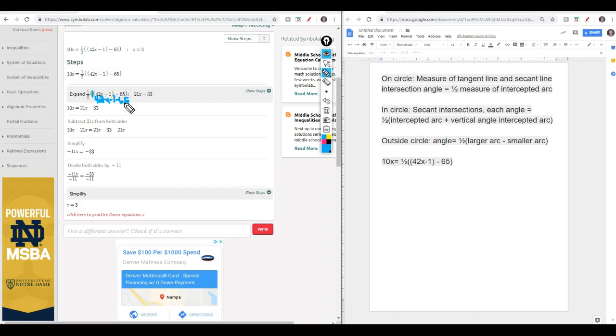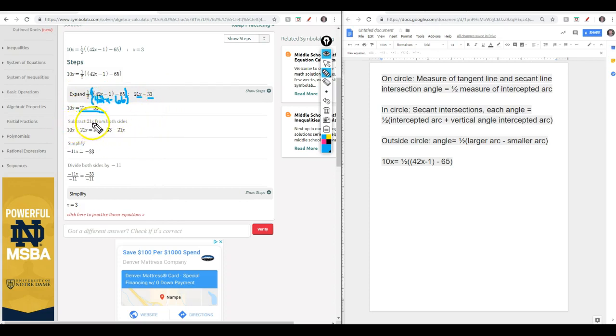Well, this minus 1 minus 65 ends up being minus 66, and this is still in these first parentheses. So we have 1/2 times 42x is 21x, and 1/2 times negative 66 is minus 33. So that's how they expanded and simplified it.